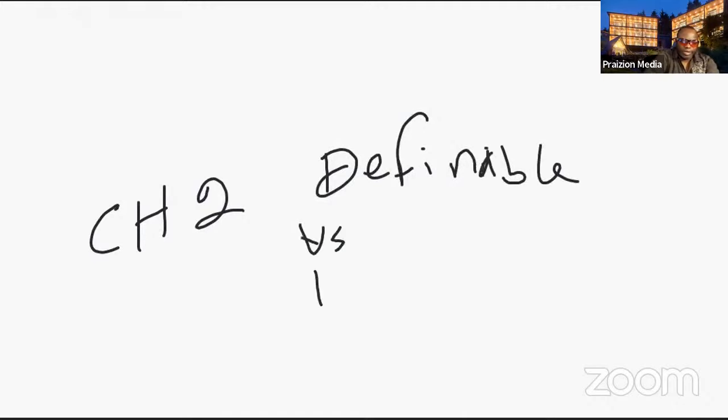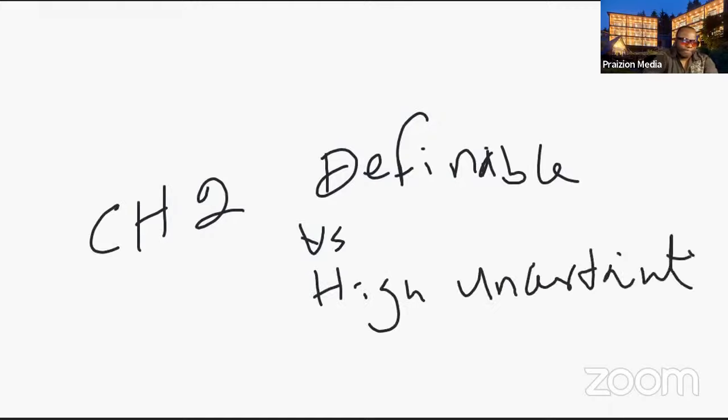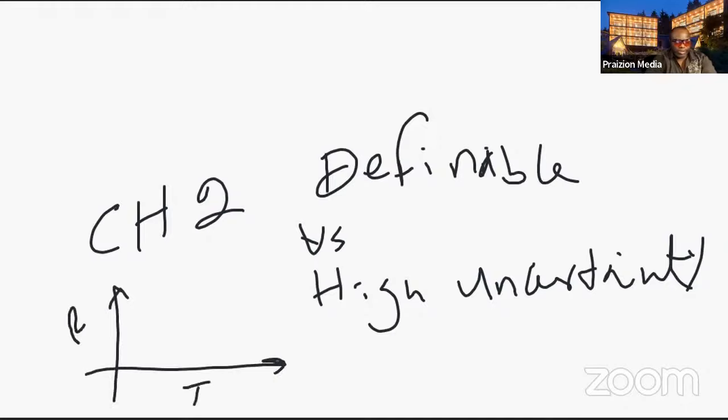Let's talk about chapter 2. What is chapter 2 about in the Agile Practice Guide? Well, it's about understanding the difference between definable work versus high uncertainty work. You might remember in the Stacy complexity model, you have the X and the Y axis, and we show you requirement certainty versus technical certainty.